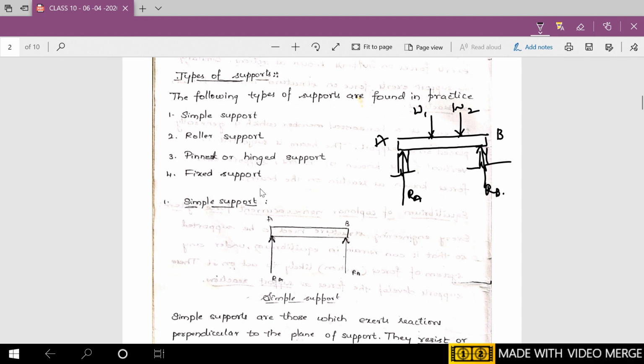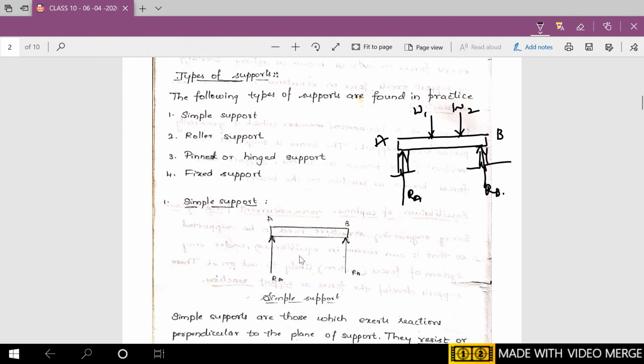If you make any mistake in identifying the type of support, there will be a wrong number and orientation of reactions, and the entire problem will be wrong. That is why, for a simple support, only one reaction, vertically upward, is given.